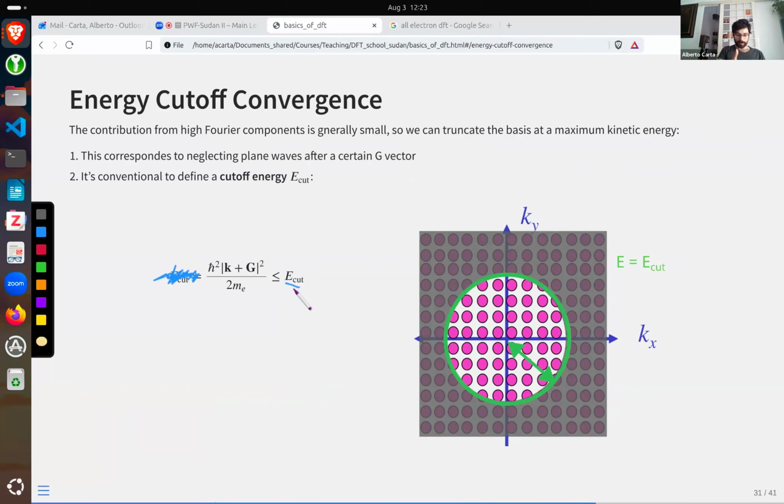The thing is, you don't want to stop too early, because if you stop too early you start losing stuff that is relevant for chemical bonding.